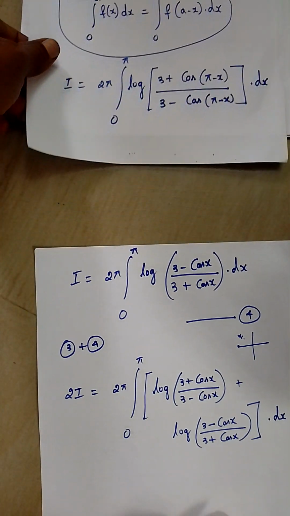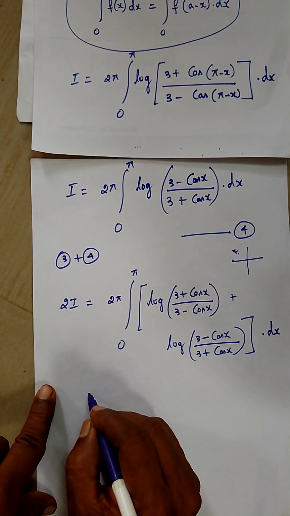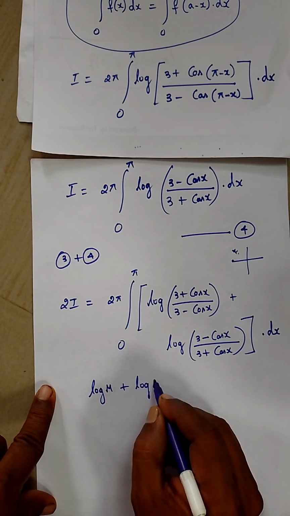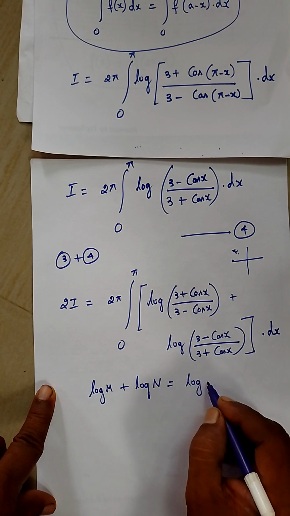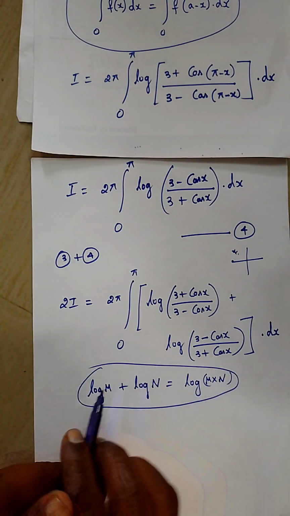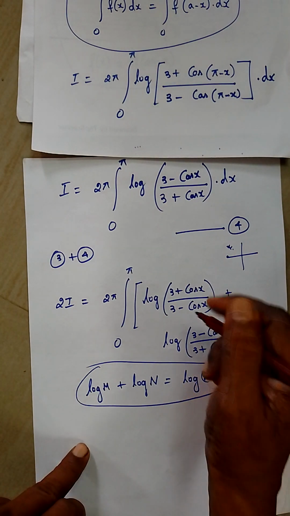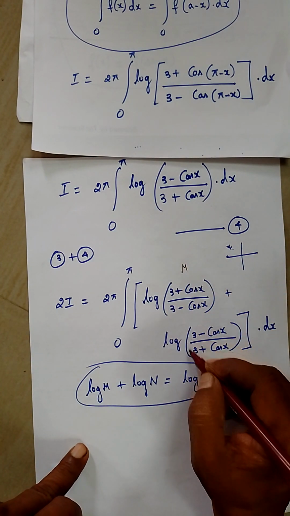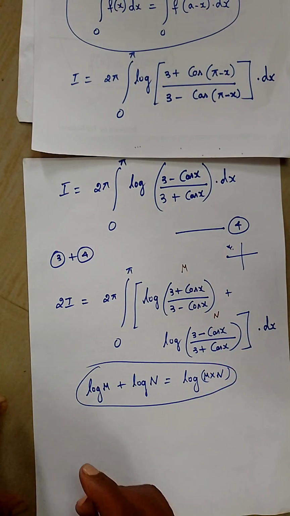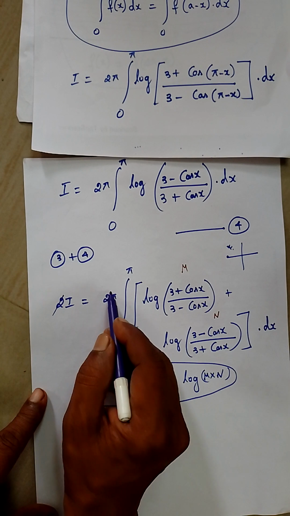So already we know the basic properties of logarithm. We know that log m plus log n is equal to log of m into n. Here, this term is m and this term is n, so log m plus log n we can write as log of m into n. So here the 2 gets cancelled.